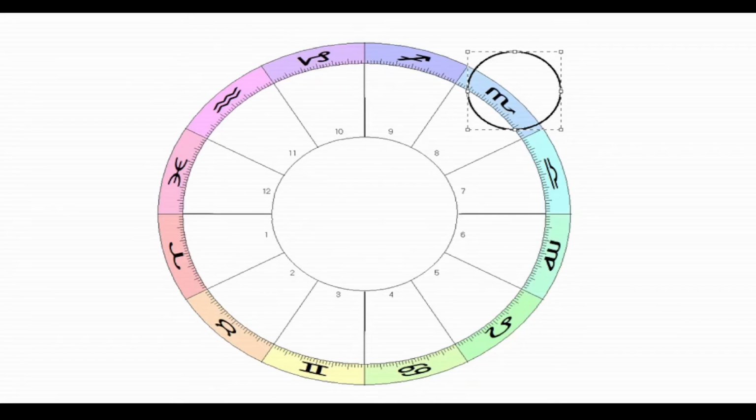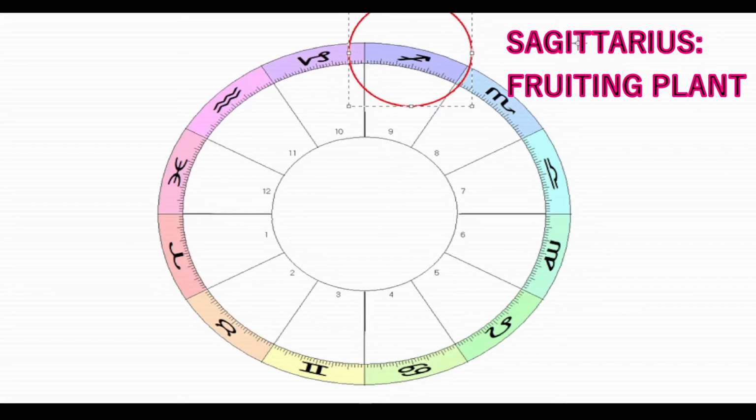Okay, and then the next sign is Sagittarius. So Sagittarius is the fruiting body that resulted from the pollinated flower that has now died. Sagittarius is a mutable sign, which means that it is changing from one thing to the other.